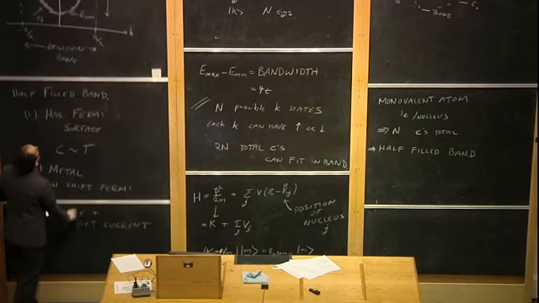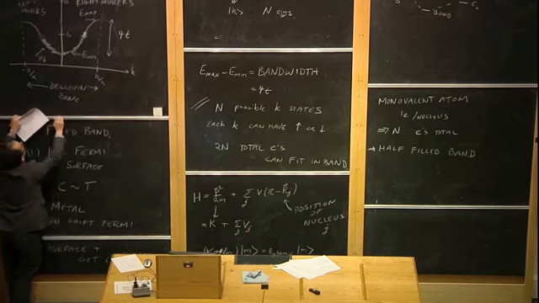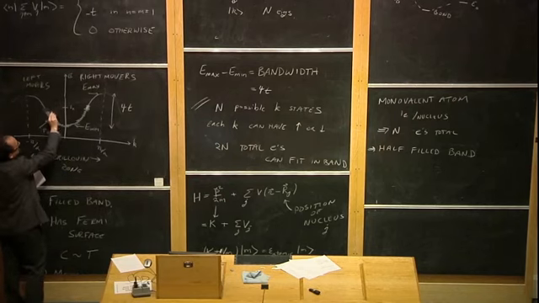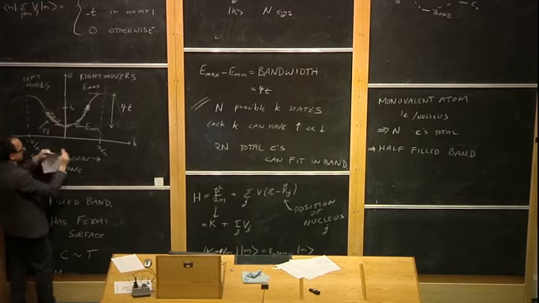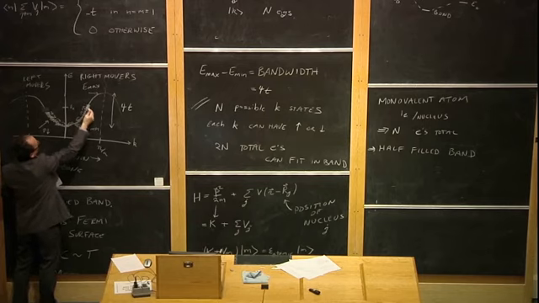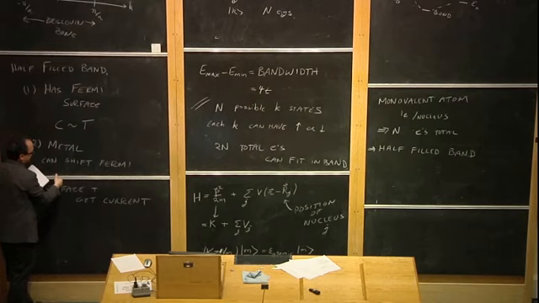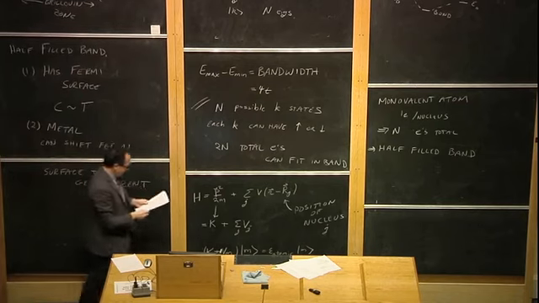In fact, the way it actually happens is that you apply an electric field, and each electron state accelerates a little bit in one direction. So each electron changes its momentum a little bit until these guys get overpopulated and these guys get underpopulated, and then you have a net current. So this is indeed a metal.